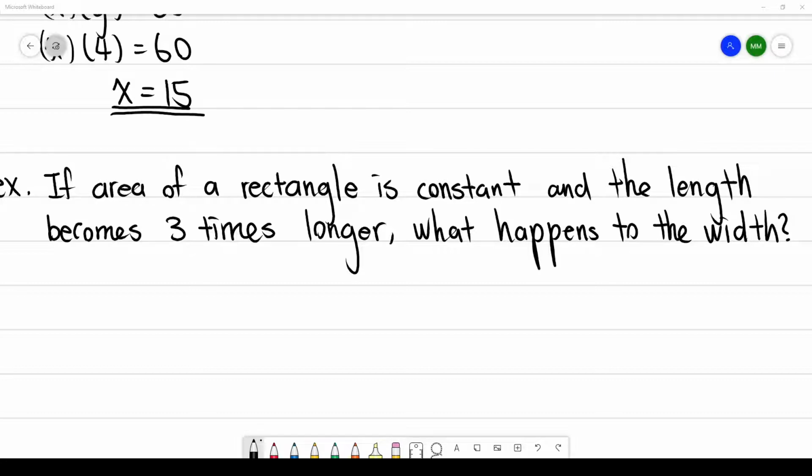So what happens to the width? The answer should be how many times longer or how many times shorter. So is it one half the length, or 2 times the length, or 3 times the length, or something? So it's not an actual value. It's just how many times longer or shorter. Just that.